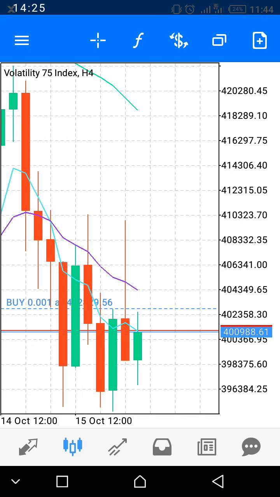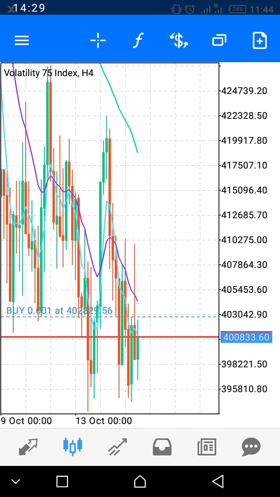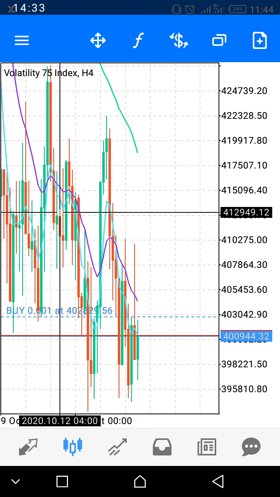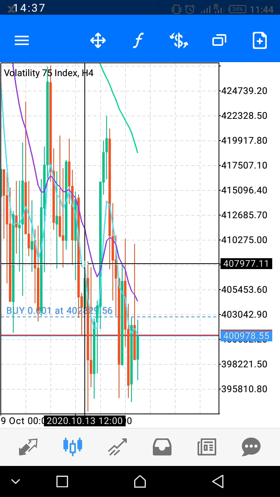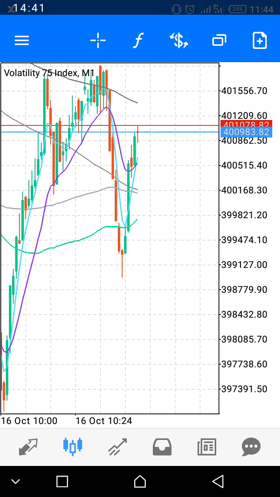So it's a very powerful point. You see this 4 hour. Anytime price gets to that pink, it can be very powerful. It starts ranging. So what's the function of the exponential moving average 14?